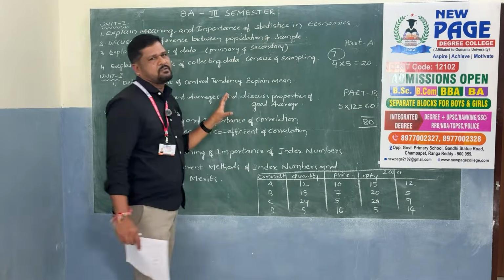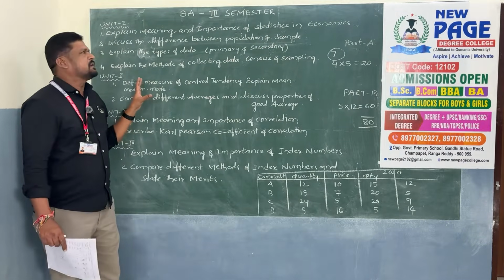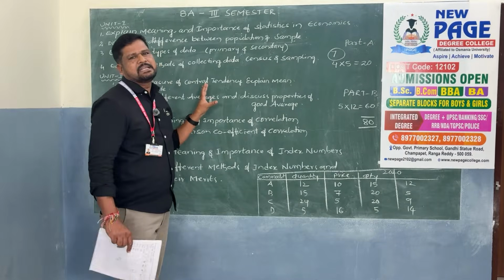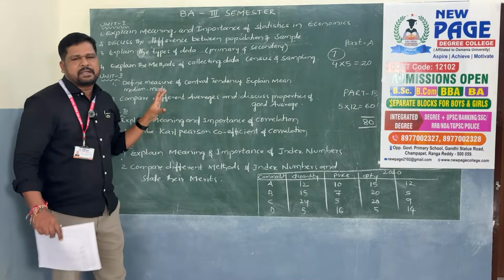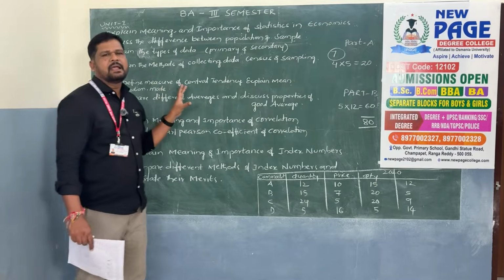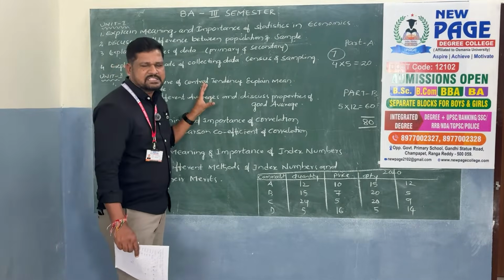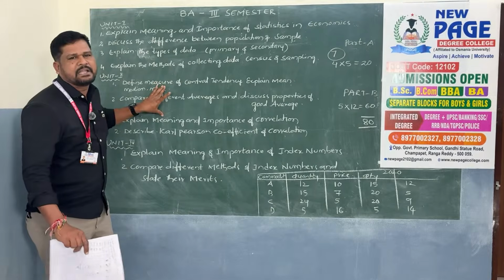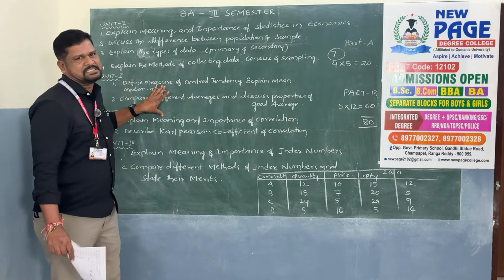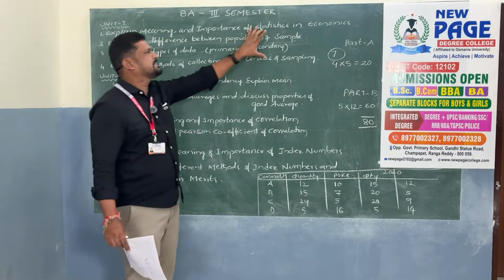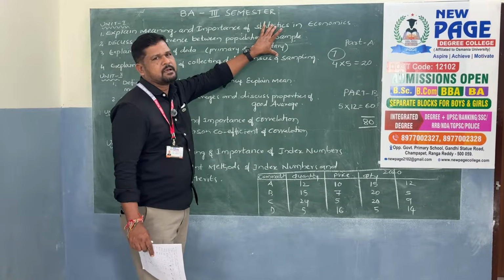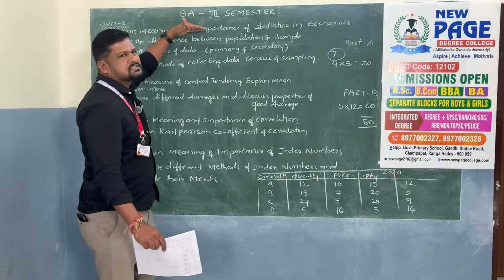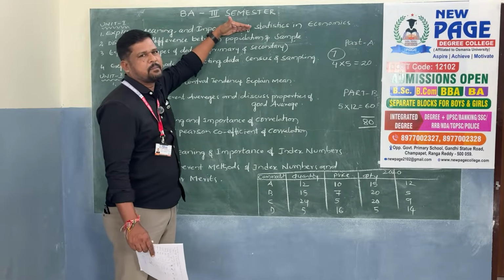First of all, definition. What is statistics? Statistics is a branch of mathematics that studies the collection of data, classifying, presentation and interpretation of the numerical data relating to economic activities; it is called statistics in economics. Then present the importance of statistics in economics.